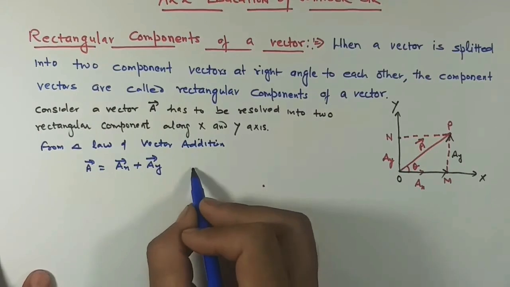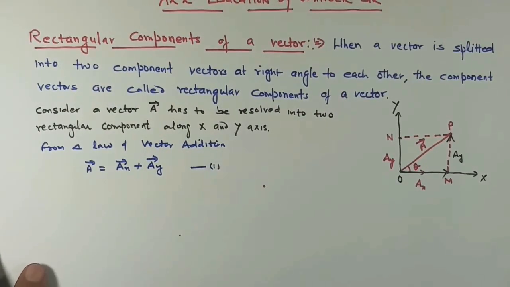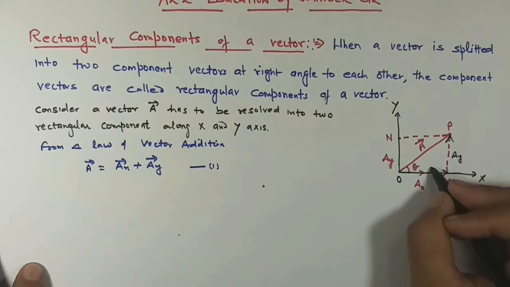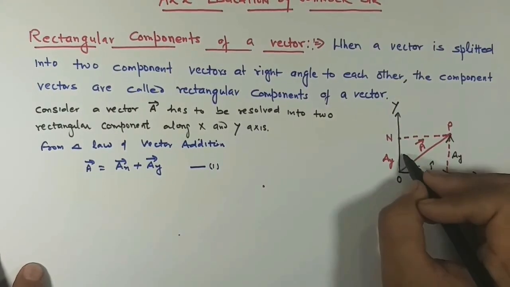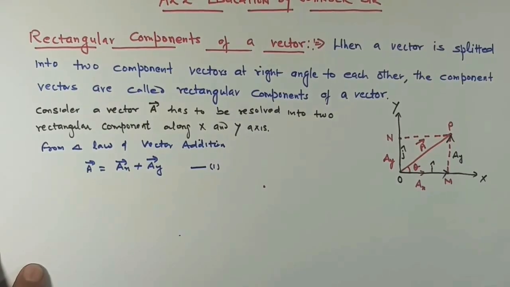Clear? Take it as equation number 1. अब अगर इसको हम स्केलर फॉर्म में चेंज करना चाहें, मान के चलते हैं सपोज वेक्टर I cap and J cap are the unit vector along x and y axis. Clear?